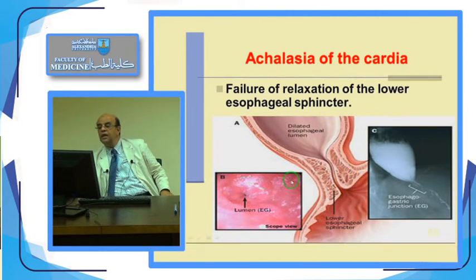The lumen is narrow, the endoscope passes with difficulty, and if we do a barium study, we have a dilatation of the esophagus and narrowing of the lumen of the lower esophagus and the gastroesophageal junction.